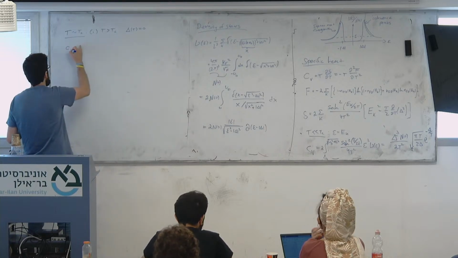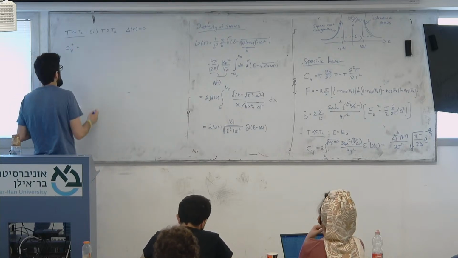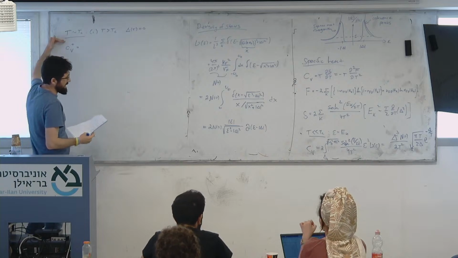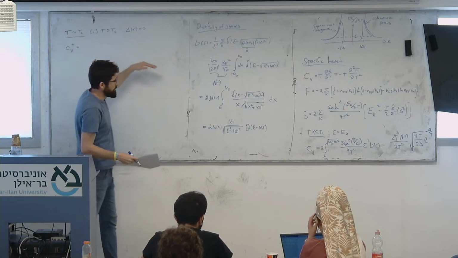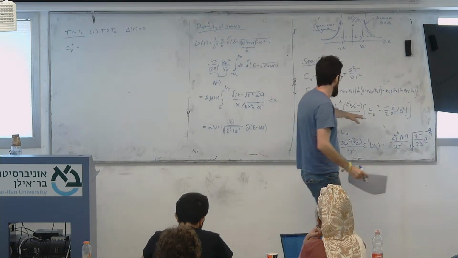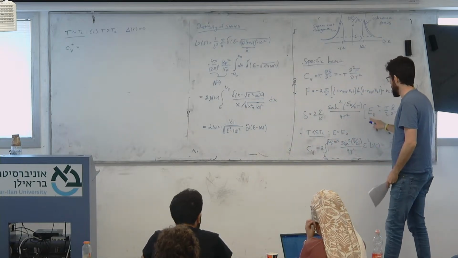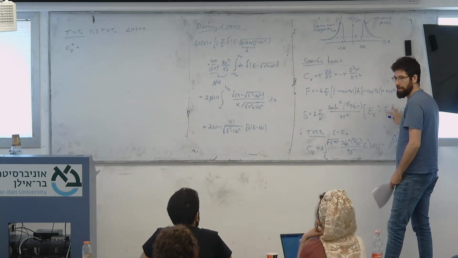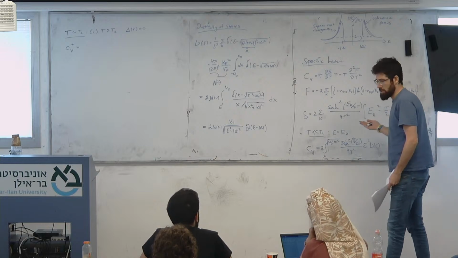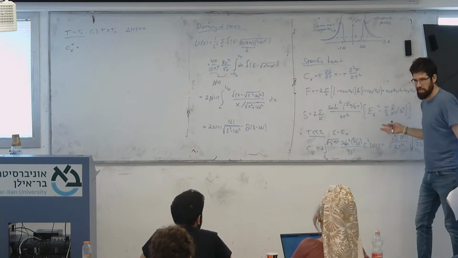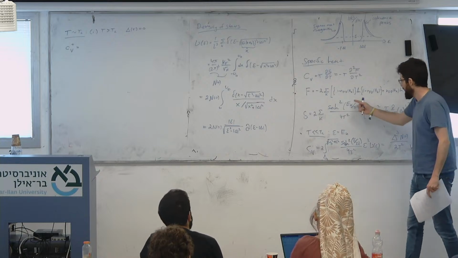Let's call this Cv plus, which means slightly above Tc. If we look at this expression, basically all the Ek are just epsilon. This term we can again neglect because delta is 0 and so are its derivatives.